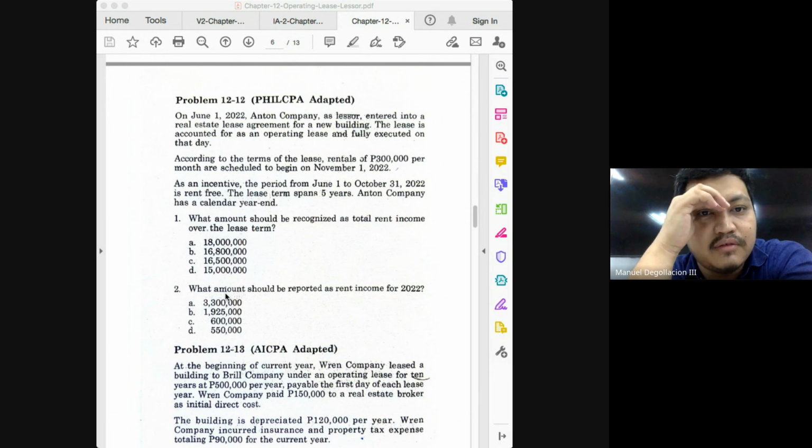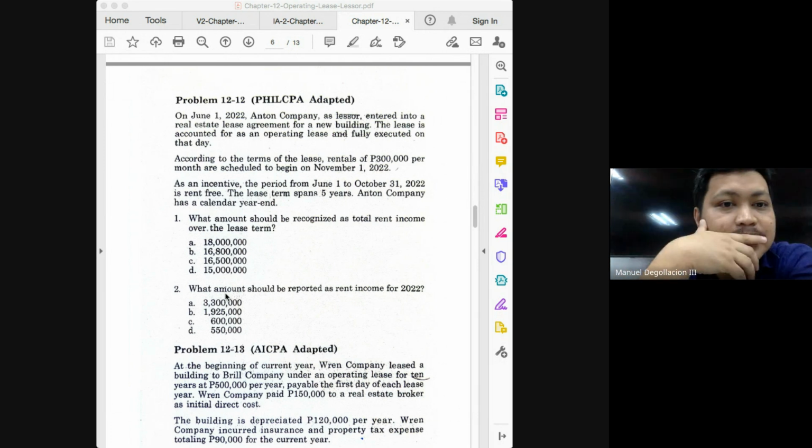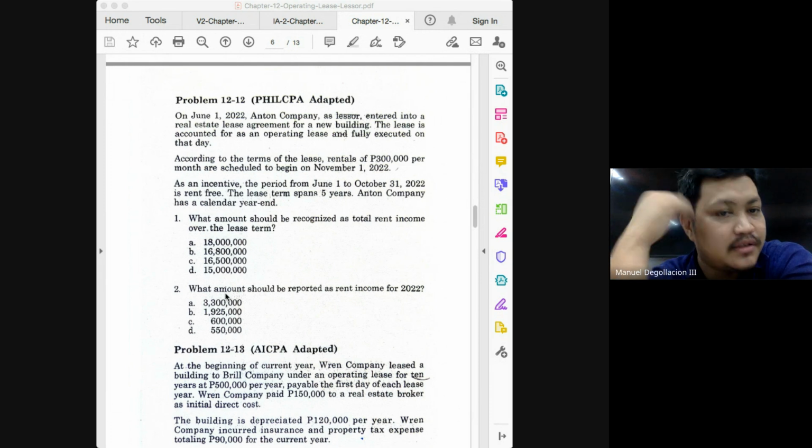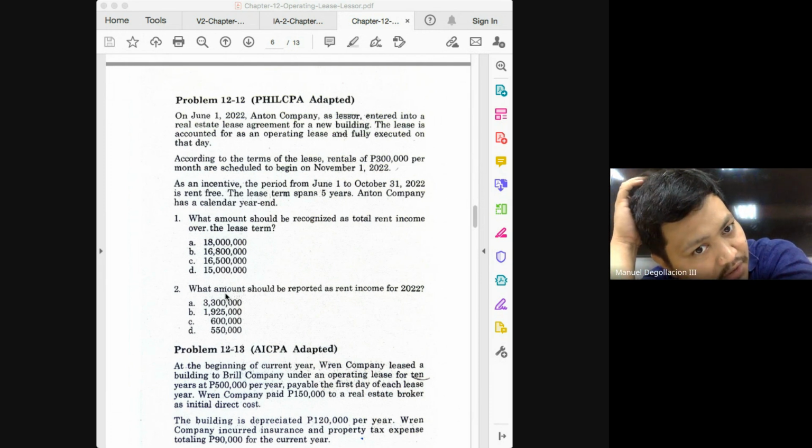The lease is accounted for as an operating lease, and then how much will you be collecting every year? According to the terms of the lease, rentals of 300,000 per month are scheduled to begin. And as an incentive, the period from June to October 31 is rent-free. The lease term spans 5 years. How much will you be receiving all in all?